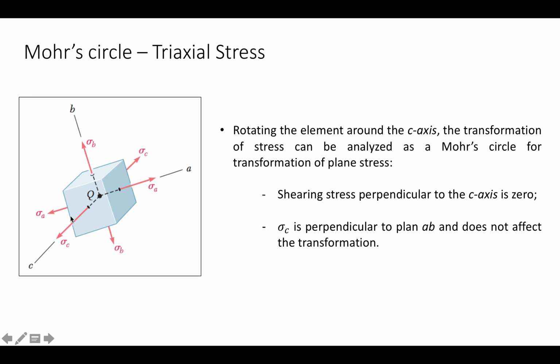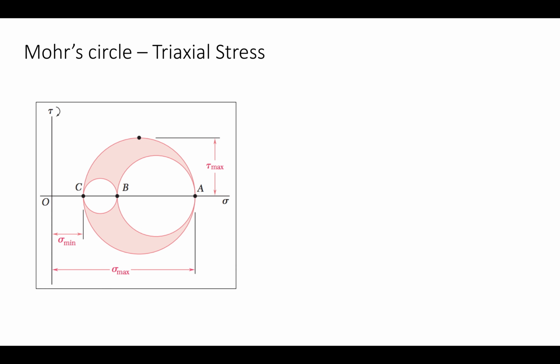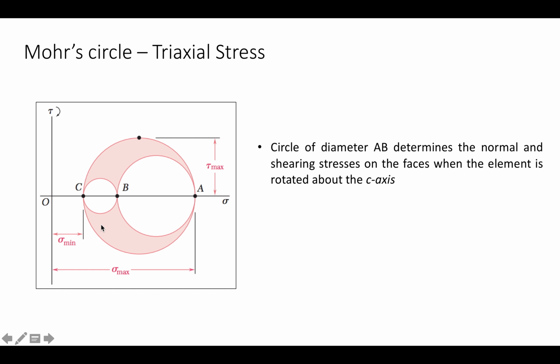And the sigma c here is perpendicular to plane AB, where our analysis is made, and does not affect the transformation. Then you're going to rotate the element around the a-axis, and then you have the same analysis, and then you rotate the element around the b-axis, and you do the same analysis, and then you've got 3 circles now, because instead of doing the analysis 1 time, you did it 3 times, so it gives you 3 circles.